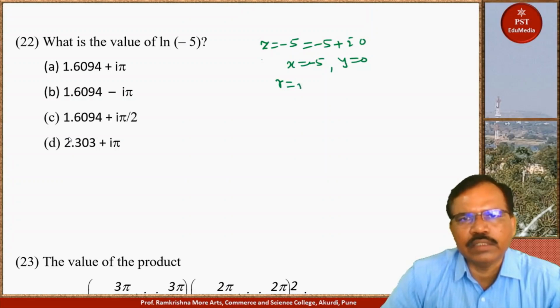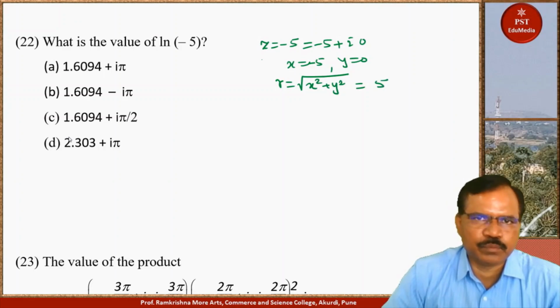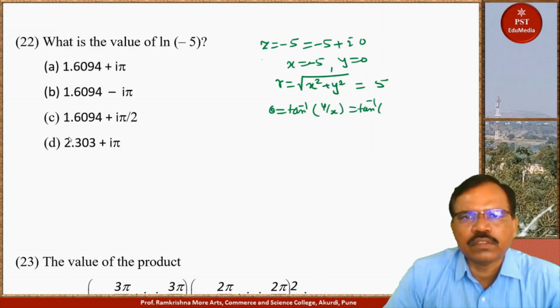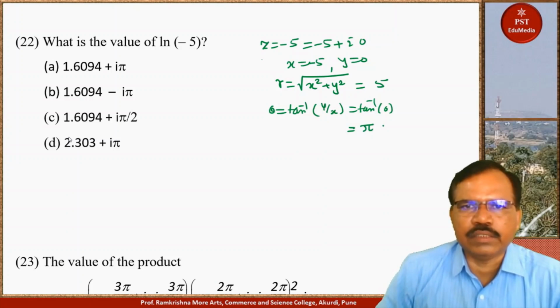We'll write r is equal to root of x square plus y square, so we'll get this as 5. And theta is equal to tan inverse of y by x, so tan inverse of 0 gives pi. Theta is equal to pi.